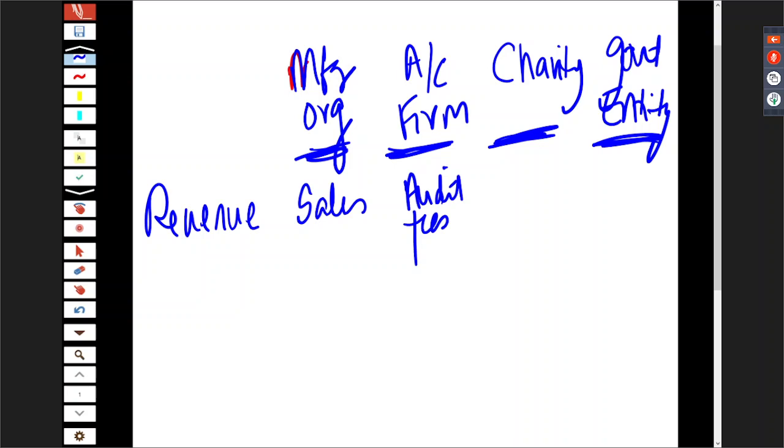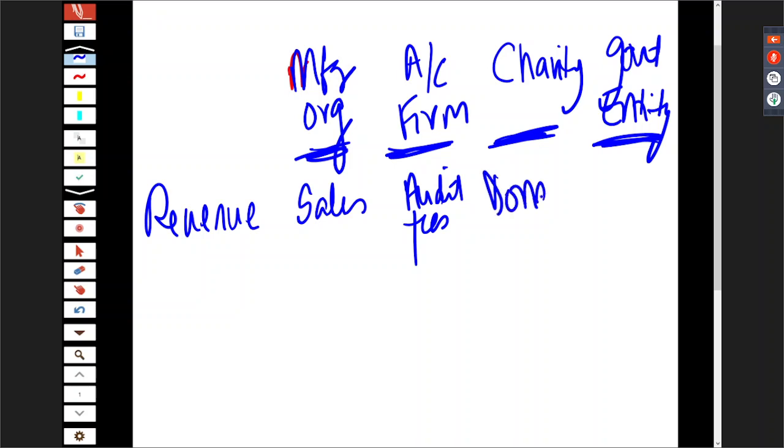What about a charity? Do you think charity needs revenue? Tell me. Charity needs revenue? Of course. If they don't have any source of revenue, they will shut down. It will be called donations, mostly for charity it will be donations, right?